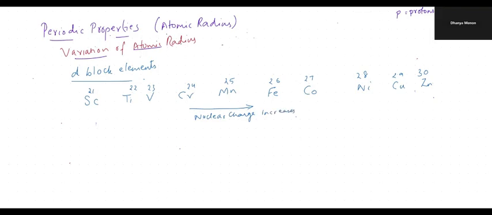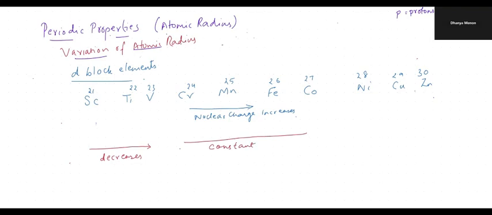Now, it has been found that for scandium, titanium, and vanadium, the radius decreases as you move from left to right. For the next 4 of them, it remains constant, which means it remains almost the same.